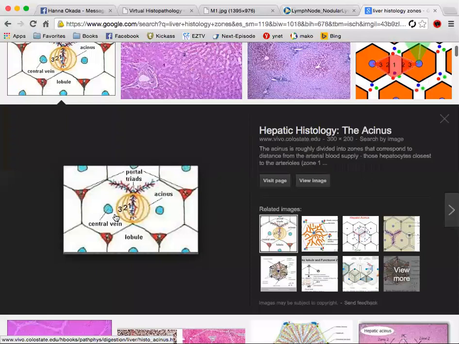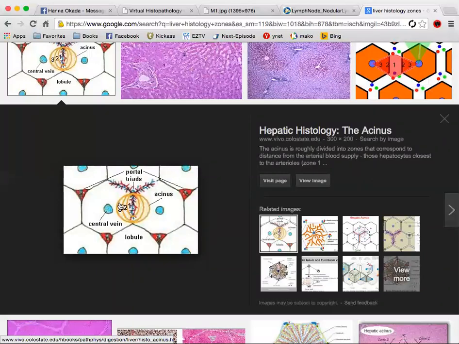Okay, so these are the zones, and zone 1 is getting this really nice oxygenated blood because it's sitting right on the triad. The triad has an artery from the hepatic artery, and the hepatic artery is the one that is oxygenated.